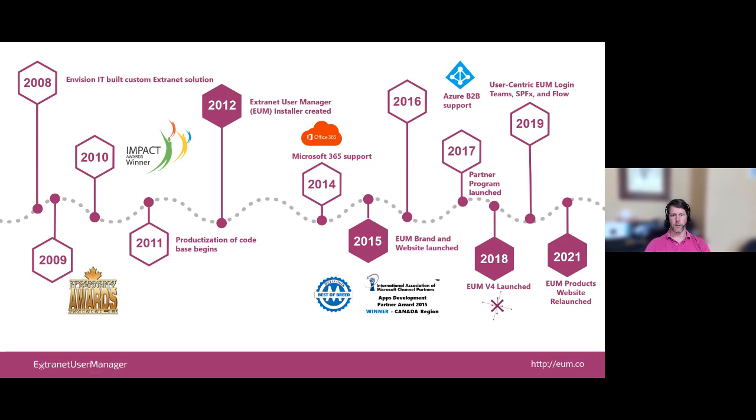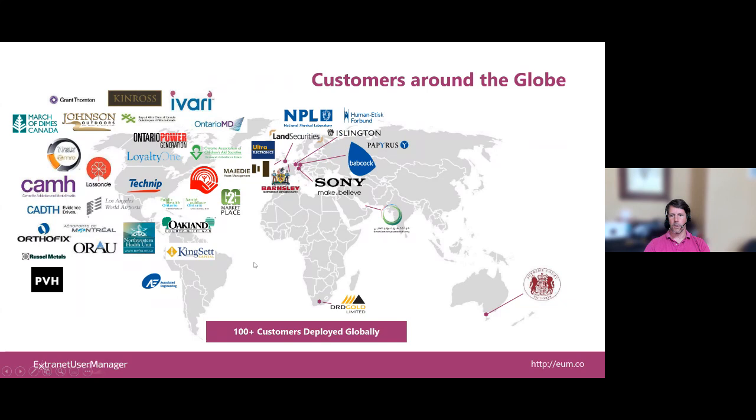The story has certainly evolved from Microsoft, and this is a session I've delivered lots of times before, but I always try to keep it fresh and share the latest details from Redmond on the Azure AD B2B side. We work with more than 100 customers globally, lots here in North America. We're based in Mississauga, just outside of Toronto, as well as Europe, Asia, and elsewhere around the world.